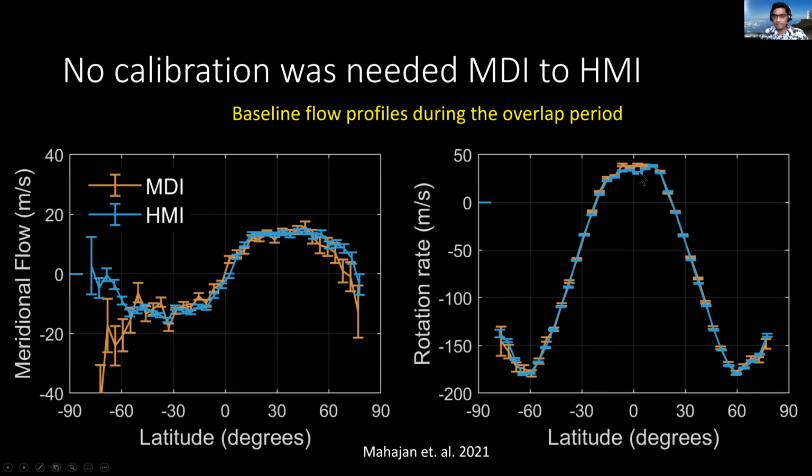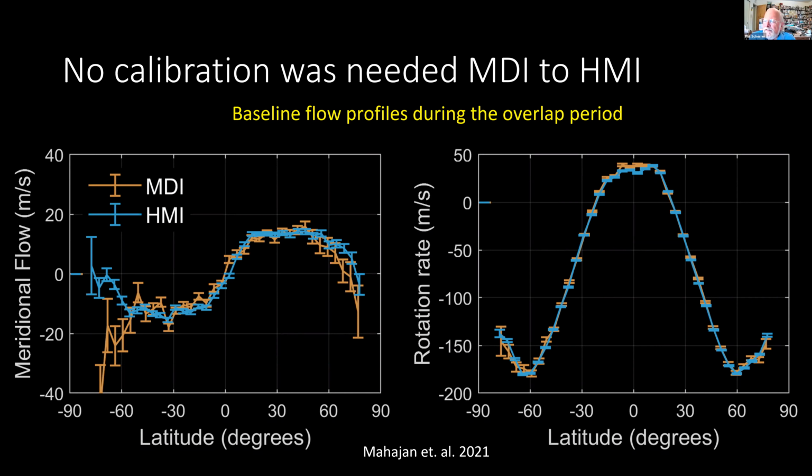Bob Howard saw that all the time on the Mount Wilson Dopplergrams, where he was able to use the same instrument for every pixel, unlike MDI or HMI, where you have a different instrument for each pixel, because the wavelength passbands are not uniform across the field.